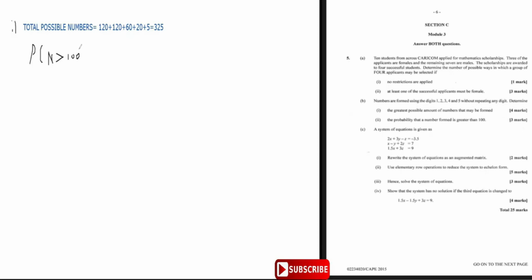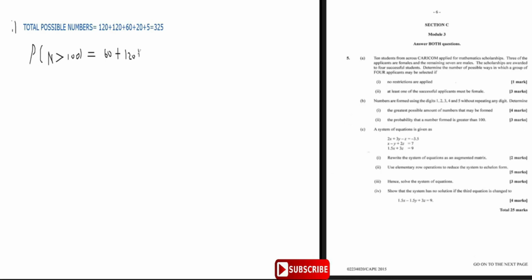So the probability that a number is greater than 100 is the total amount of numbers that can be bigger than 100. Those are 3-digit numbers and above. How many are there? There are 60 plus 120 plus 120 plus 120.